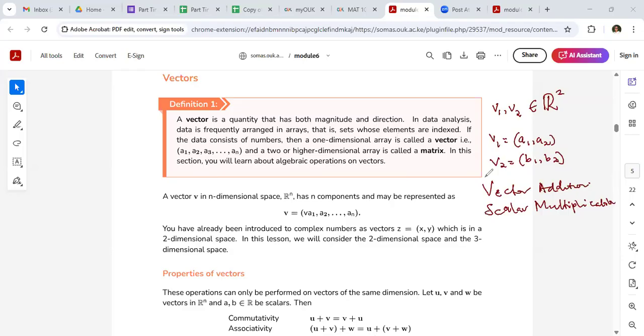We can still define other operations, but for now we only define the two operations, vector addition and scalar multiplication.